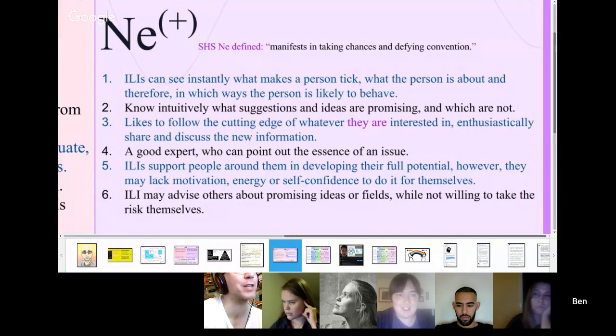They will see the connections. The difference being that NPs are probably more likely to be interested in more things. Therefore, they've got a wider knowledge base, not as deep, but wider, to make connections between different fields.